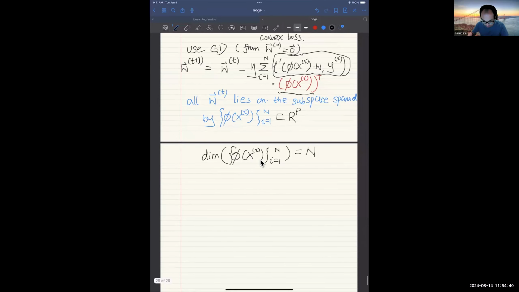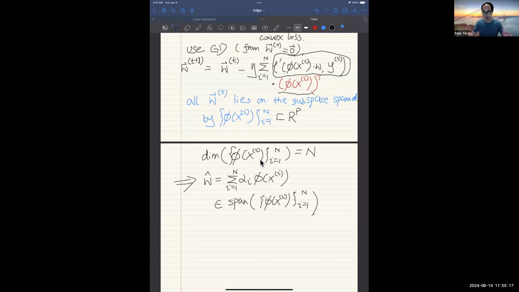So that means we only need to consider the solution represented by the phi of x_i. So this is always in the span of phi of x_i, this subspace embedded in R^p.